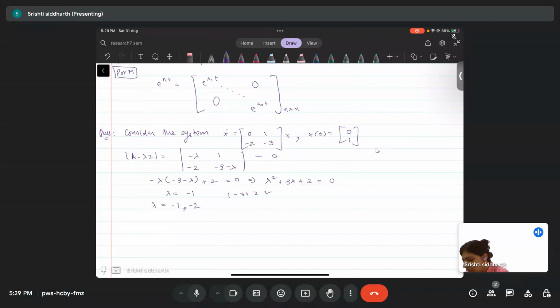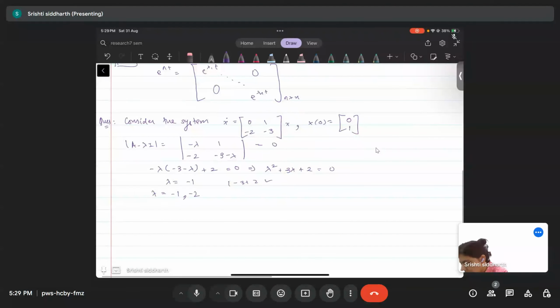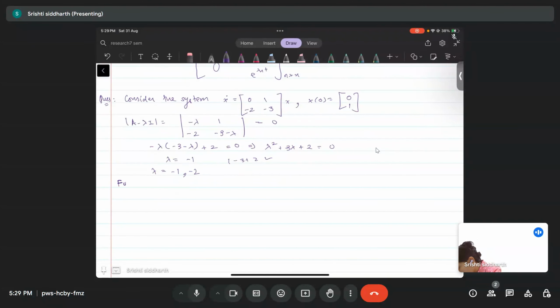And now we need to find the eigenvectors associated with each of them so we can find out the matrix P. Alright, so let's begin. For lambda equals minus 1, we need to calculate (A minus lambda I) [V1; V2] equals 0. So this becomes [1, 1; minus 2, minus 3 plus 1].